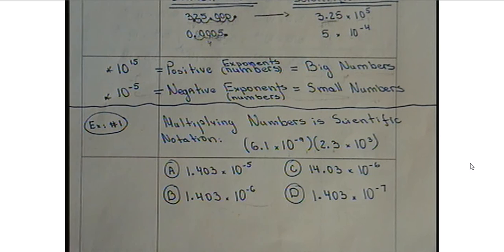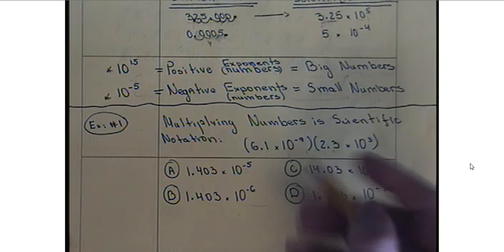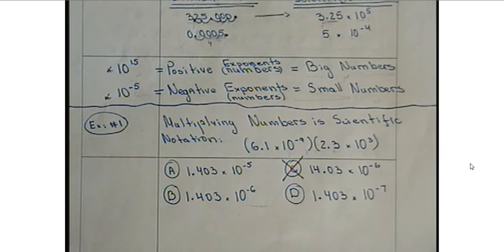First strategy, look at the numbers and think about which one of those 4 is not in scientific notation. One of the rules says that the first number needs to be between 1 and 10. Which one is not? The only one that is not is C. So you can exclude C right away. Now you have to deal with 3 answers.